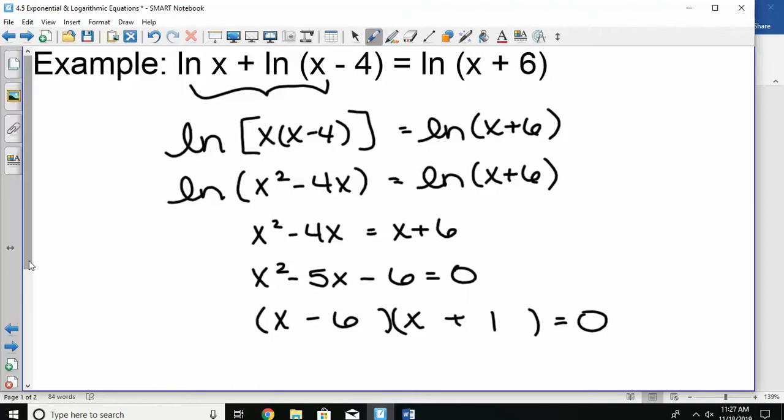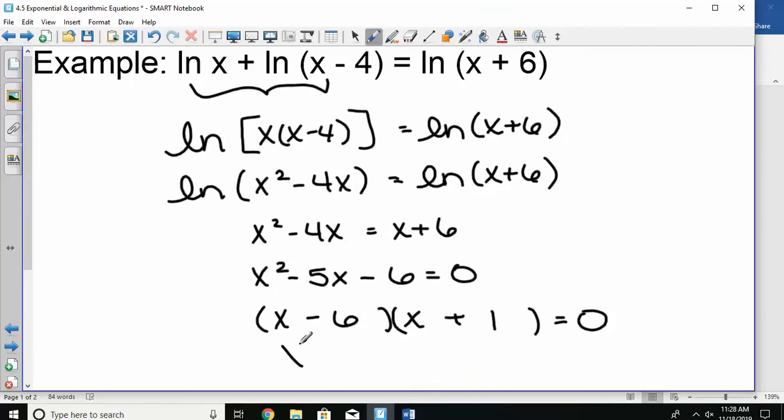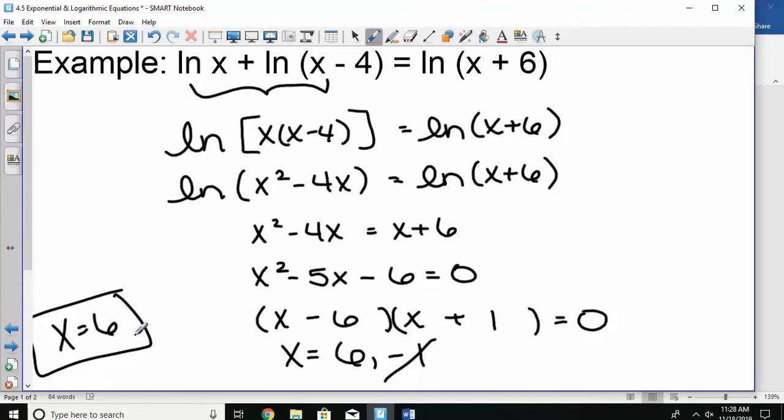Positive 1. So each of those is 0 and x is 6 and -1. Are we done? Check. Do both of those work? No. 6 is fine, but if I put in -1, I've got errors in a couple spots. So the -1 is out. 6 is our only answer.